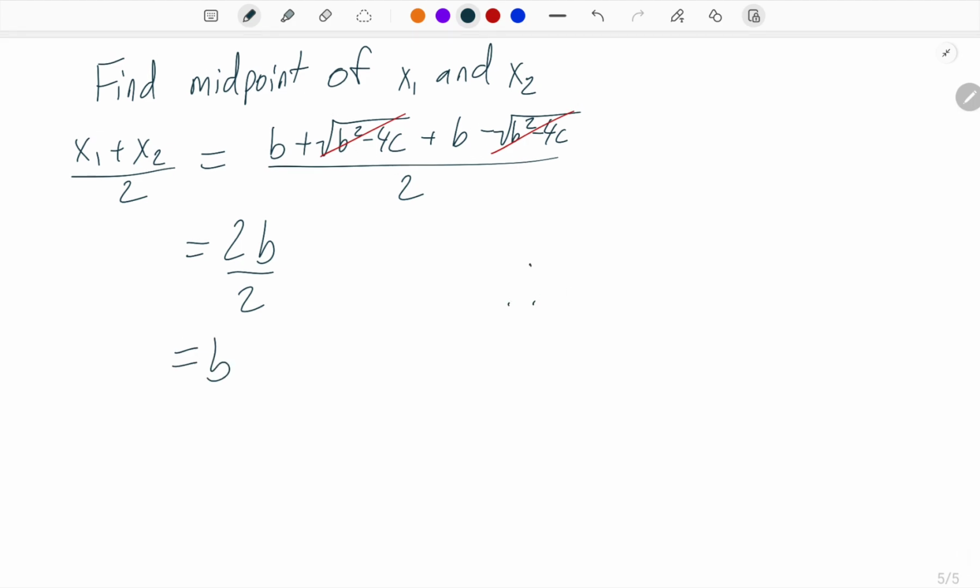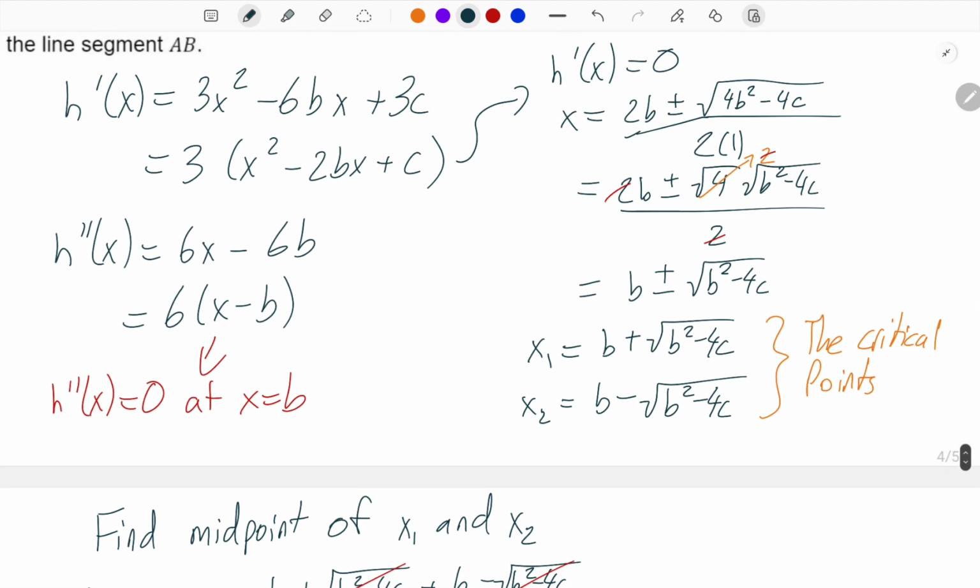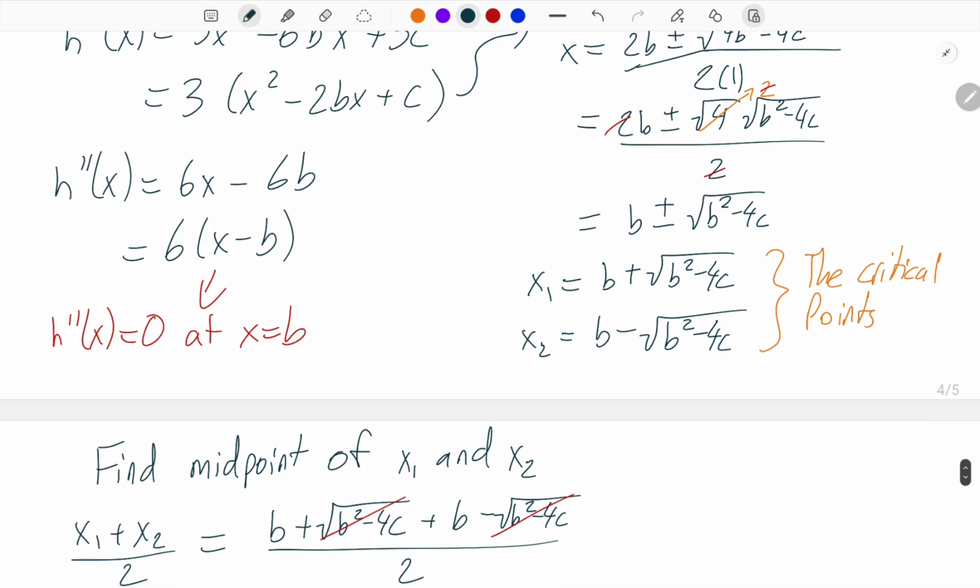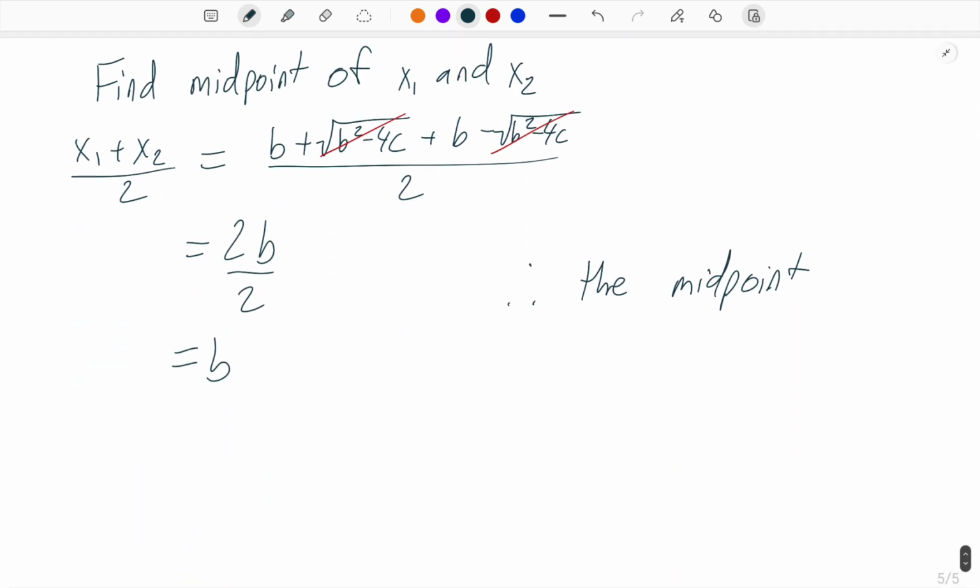And therefore, the midpoint matches, well, look at that. We had said h prime prime of x has a 0 at b, and the midpoint itself between those 2 critical points is equal to b.